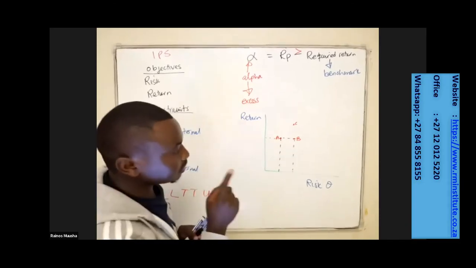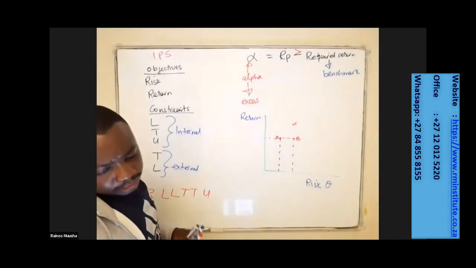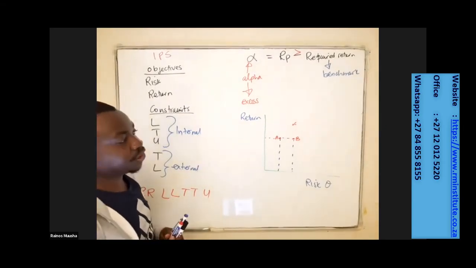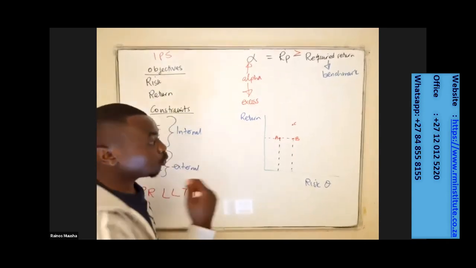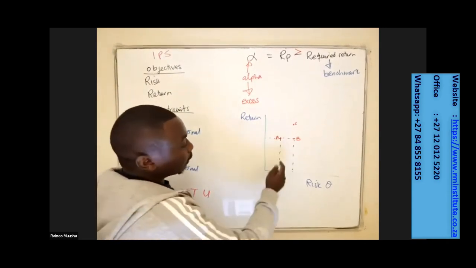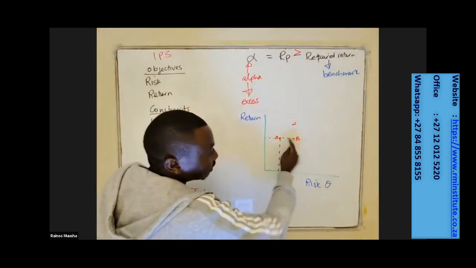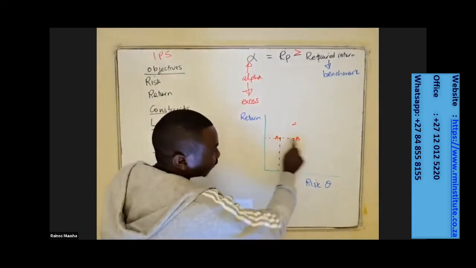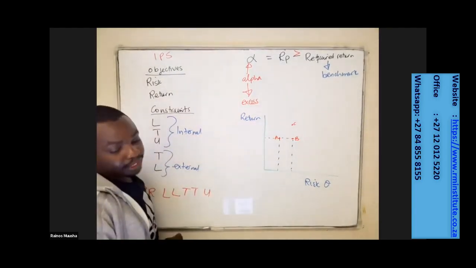This is why, when forming capital market expectations and looking at the relationship between risk and return, you want to minimize your risk for a given level of return. Hence, you would choose to invest in portfolio A.